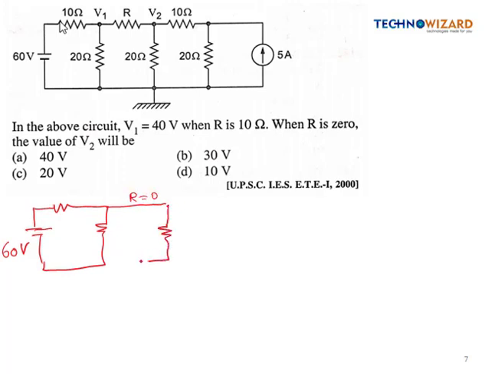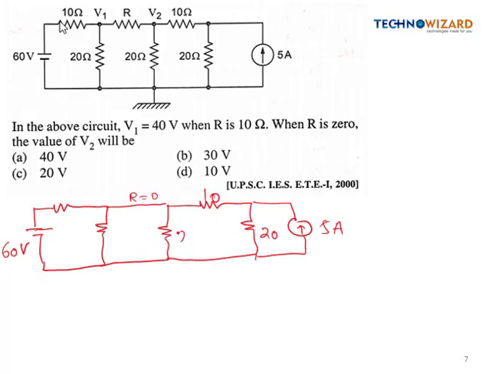So now this is 20 ohm and this is 10 ohm, this is 20, and a current source of 5 ampere is connected here. This is 20 ohm, this is 10 ohm, this is 20 ohm, this is 20 ohm, and this is 10 ohm. So this voltage is V1, this voltage is V2.